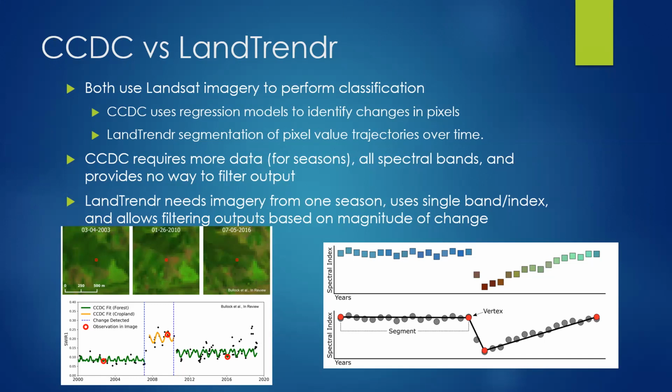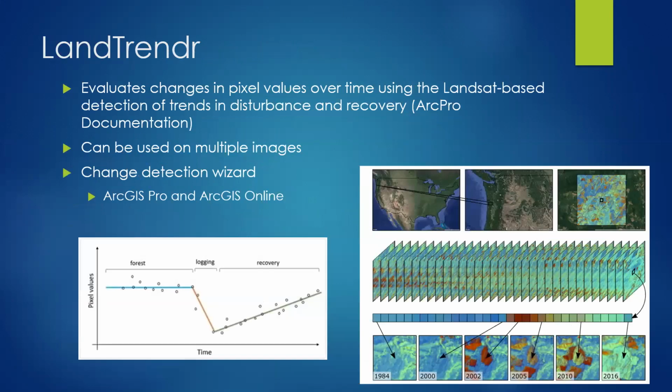While for LandTrendr, if I choose something in May, I'm going to need something between April, May, and June, and I can't use December because it won't really track the pixels all too well. And furthermore, we can't really change the output of CCDC. There's no way to change the results or filter out the magnitude of change, which is actually available through LandTrendr. And that's really the main reason why I'm going with LandTrendr.